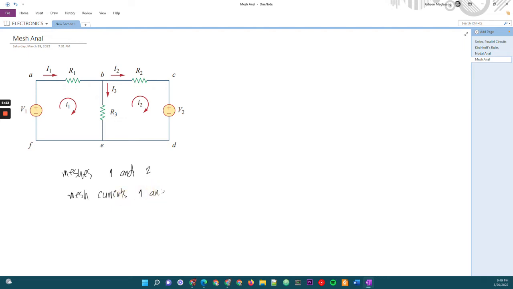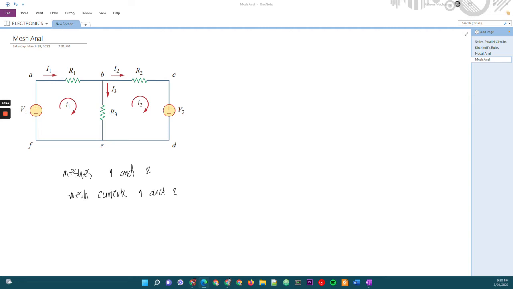Okay. So in mesh analysis, we are interested in applying KVL, or the Kirchhoff's voltage law, to find the mesh currents in a given circuit. So in this connection, we will apply mesh analysis to planar circuits that do not contain current sources. But later on, we'll consider that example na we have a circuit diagram which contains current sources.